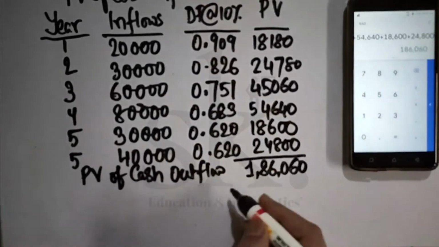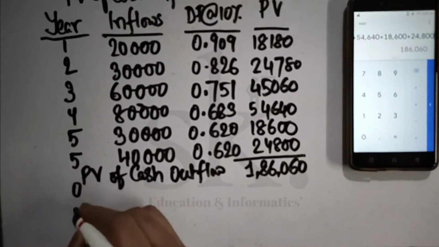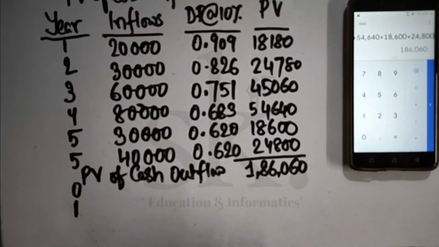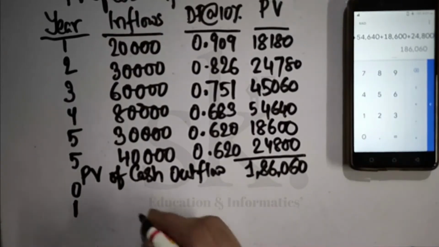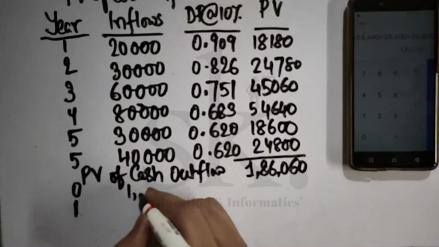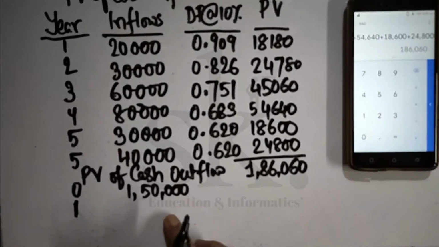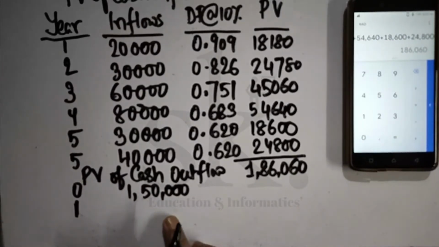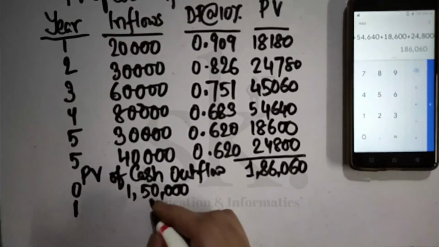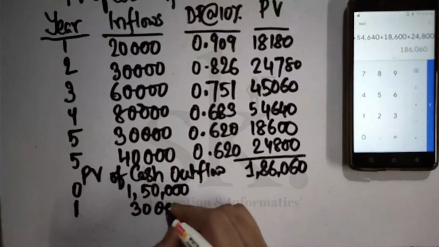So we have the same columns. Year 0, year 1, the investment has been done. What is the investment figure for year 0? The year 0 investment figure is 1,50,000, and for year 1, the investment amount is rupees 30,000.